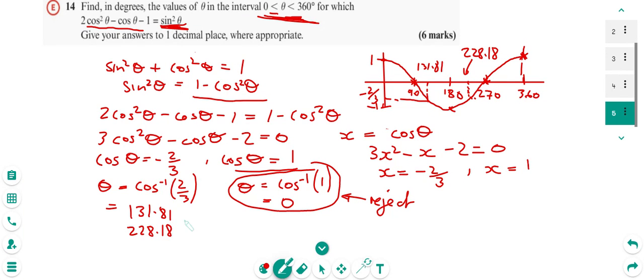And not forgetting that we've got to give our answers to one decimal place. So that gives us 131.8 degrees and 228.2 degrees. And that's it. Those are the solutions.